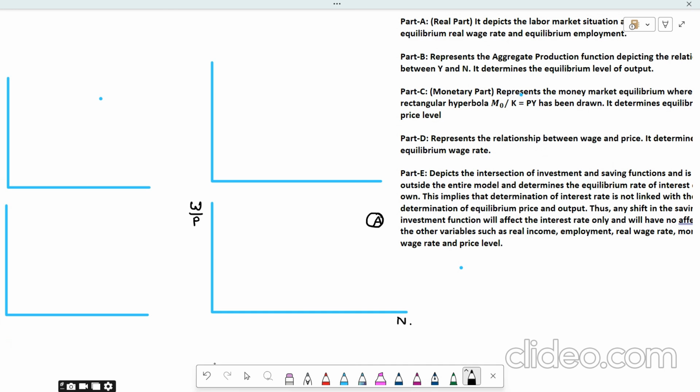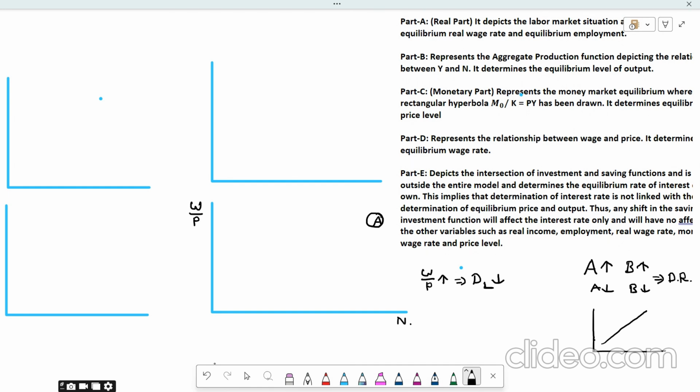Now as we have seen from the previous section, when real wage, w by p, rises, demand for labor falls. I have explained it in the earlier section also. Let me explain it with a very simple example. If a rises and b also rises, or if a falls and b also falls, this is called direct relationship, and in this case the graph is upward sloping.